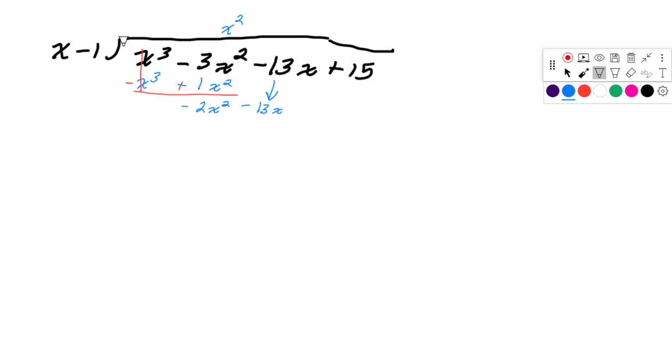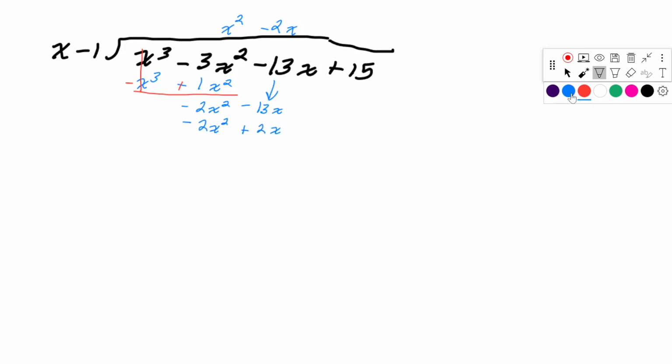What do I take times x to get negative 2x squared? Well, we're going to need a negative 2 and an x, because x times x gives us that x squared. So now I multiply negative 2x with x. That's negative 2x squared. I multiply negative 2x with negative 1, and that's plus 2x.